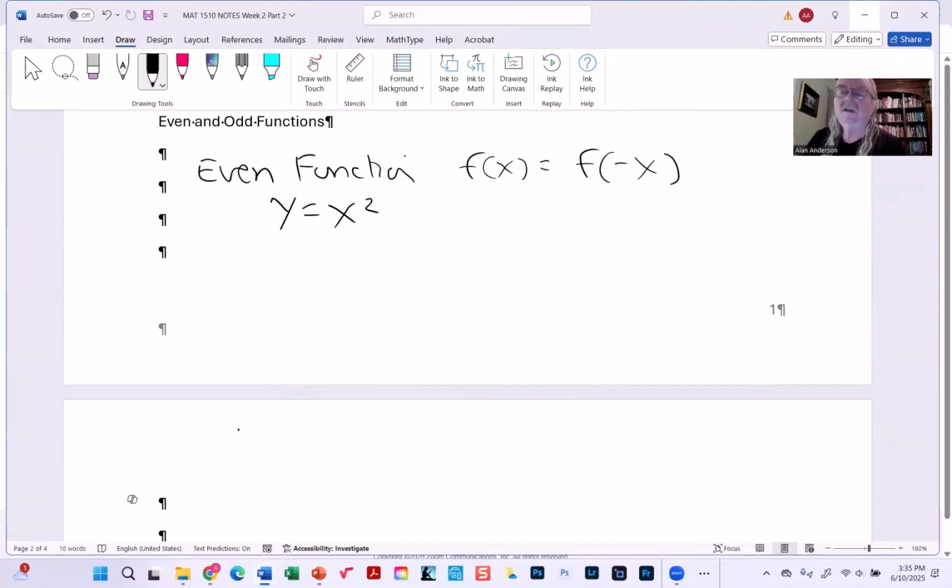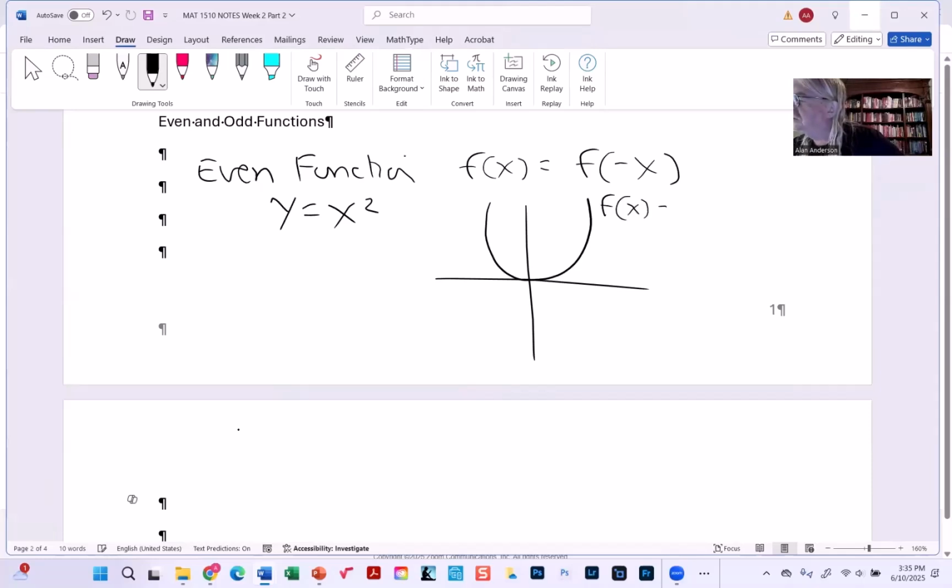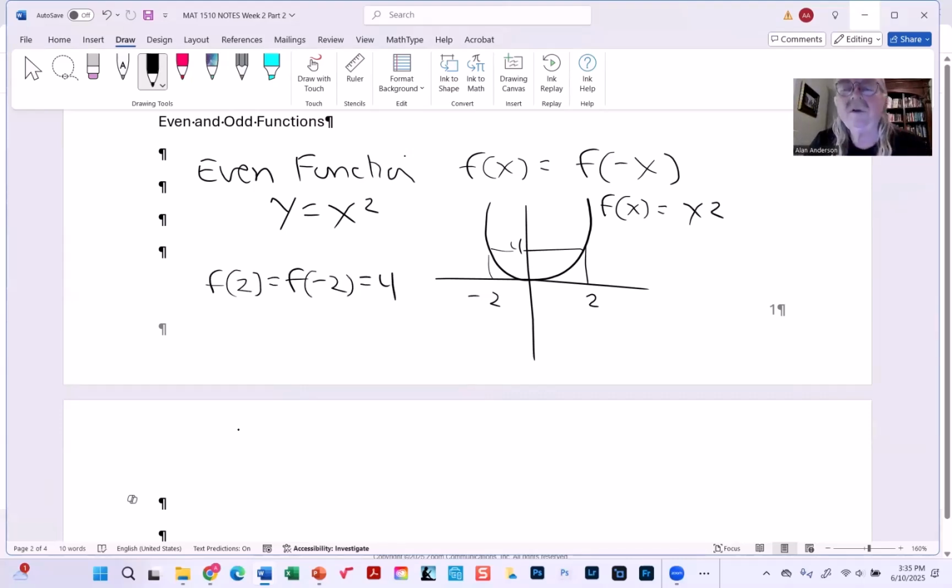So in other words, if we look at a parabola, for example, f of 2 is 4. f of negative 2 is also 4. Now, of course, here we are only seeing one example of this, but we can prove that this is true for every x in the domain, which, by the way, in this case is all real numbers.